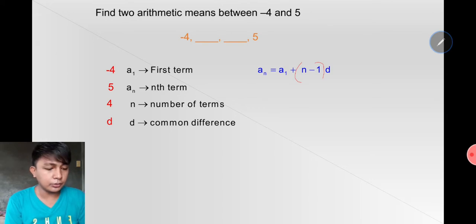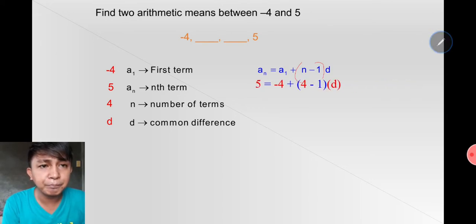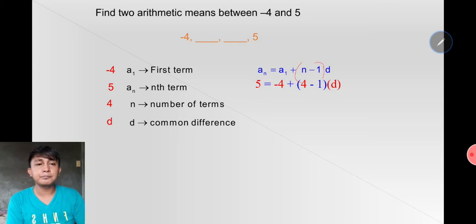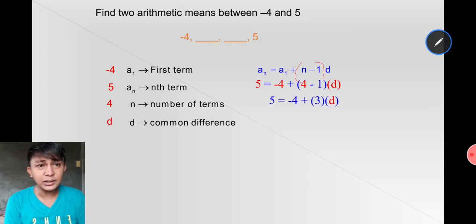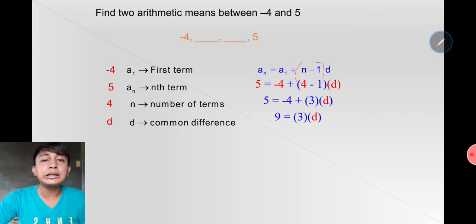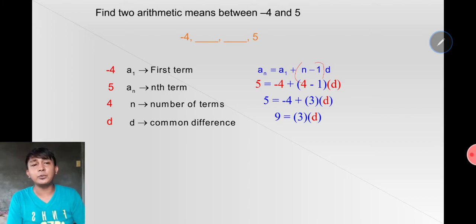Okay, so by substitution, we have 5 is equal to negative 4 plus 4 minus 1 times d. So again, PEMDAS rule, 4 minus 1 is equal to 3, times d, we have 3d. And si negative 4, we add positive 4 sa magkabilang sides of the equation.